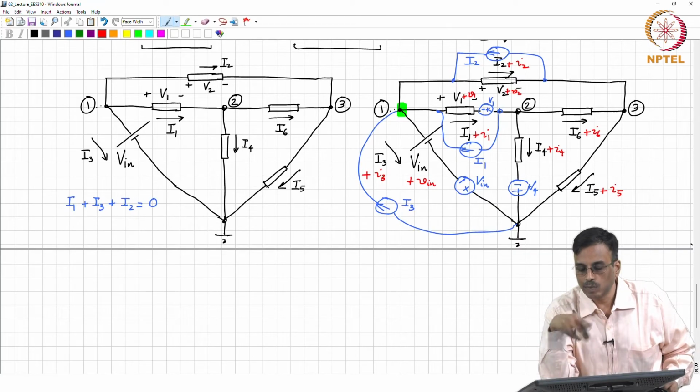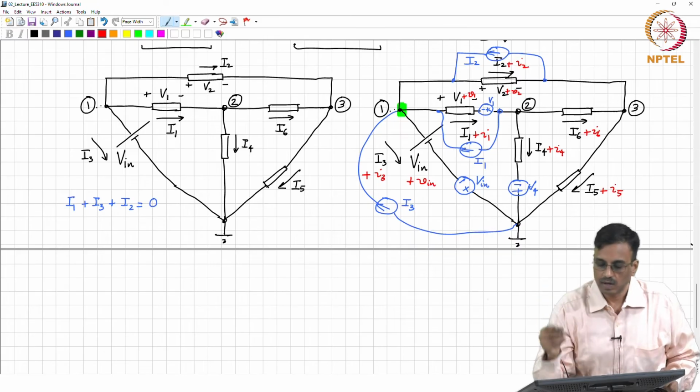So, what comment can you make about the net voltage added in the loop?